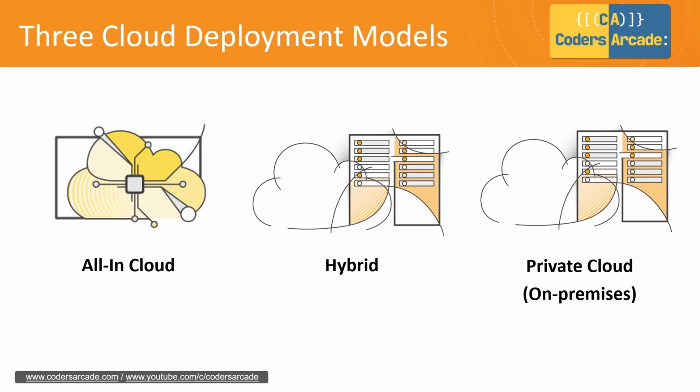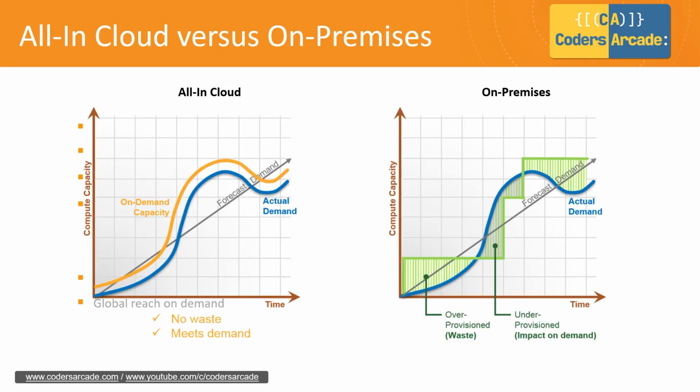Now, let's talk about the difference between all in cloud versus on premises. So, in the all in cloud solution, capacity is in sync with demand. Resources are provisioned and decommissioned in response to demand with only a couple clicks. Okay. In contrast, in on premises deployments, because you rely on physical hardware, you have to forecast your capacity needs well in advance of the actual demand.